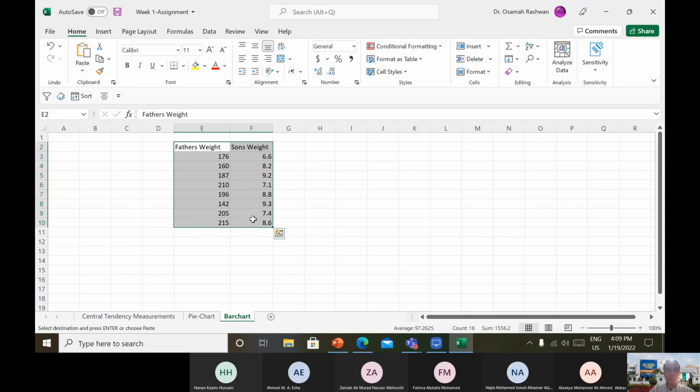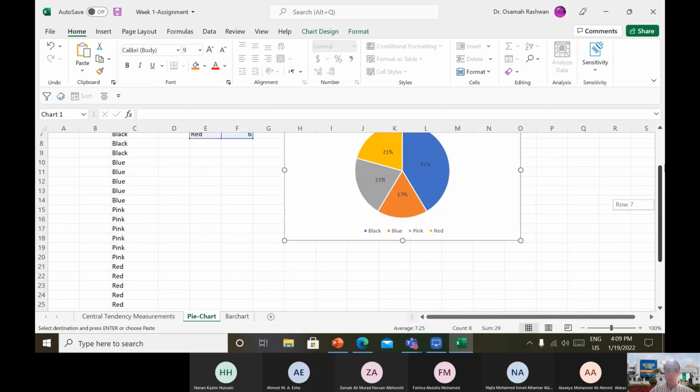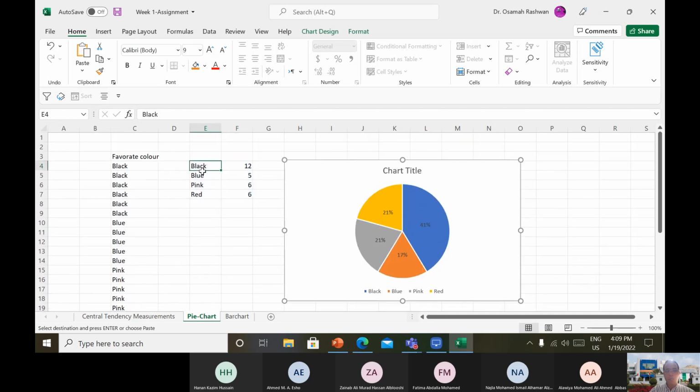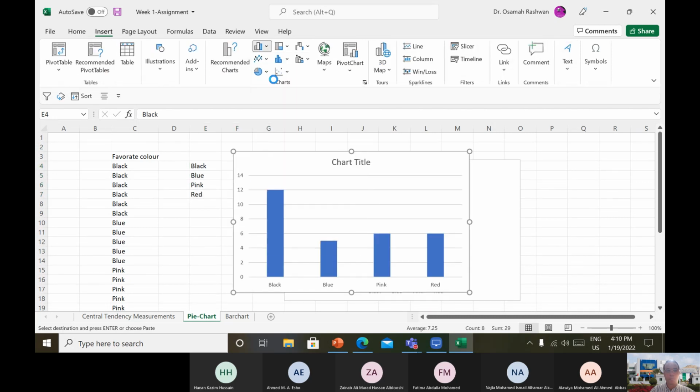No, remember, a bar chart cannot be done with this one. When you're comparing between 2 variables, what is the graph here? Guys? Also this one, you can make a bar chart.